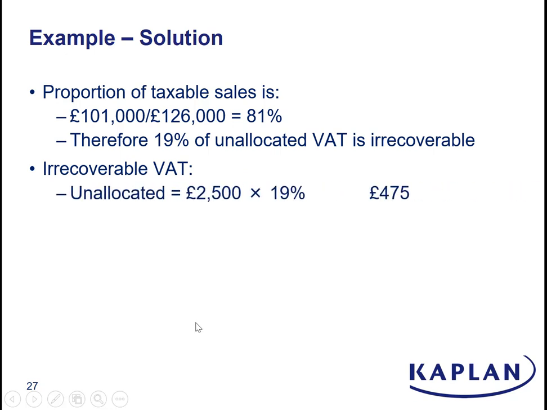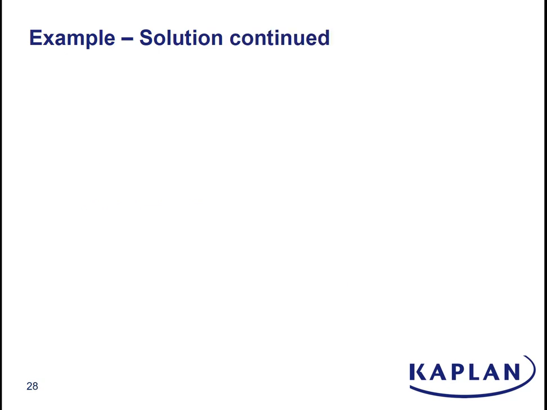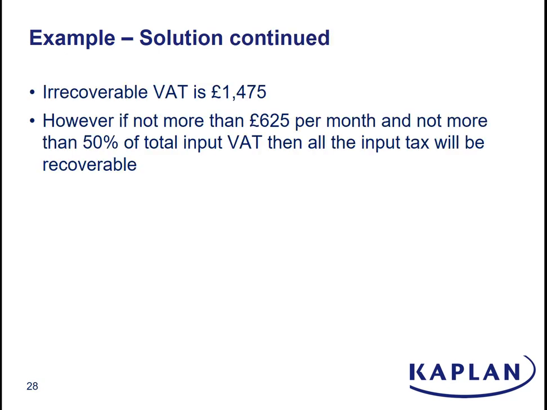So the irrecoverable VAT is that 19% of the non-attributable plus the £1,000 that we directly attributed to our exempt sales. So on the face of it, we've got £1,475 of irrecoverable input VAT. That's ignoring the car, because the input VAT on the car is definitely irrecoverable no matter what. This £1,475 may end up being recoverable if it's small. And that's what we need to look at now.